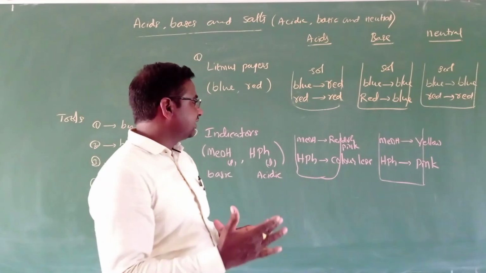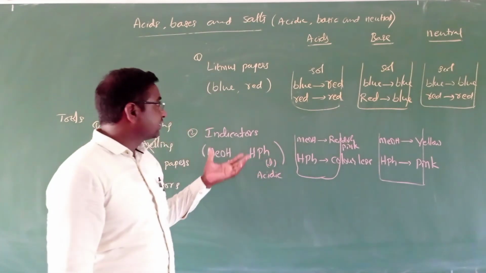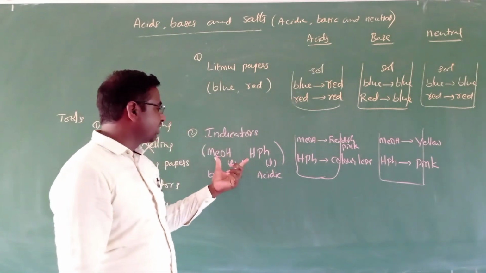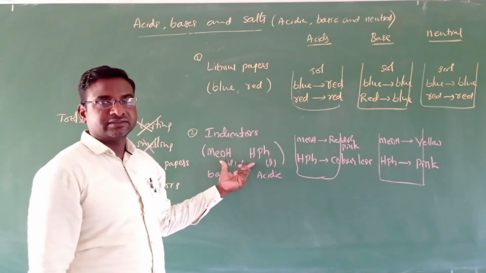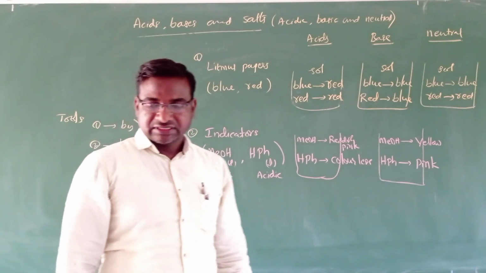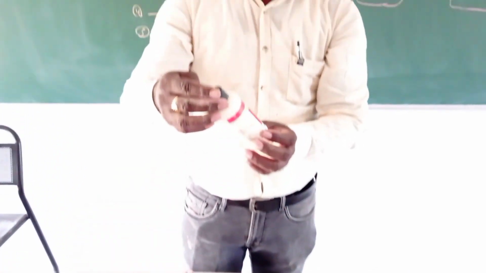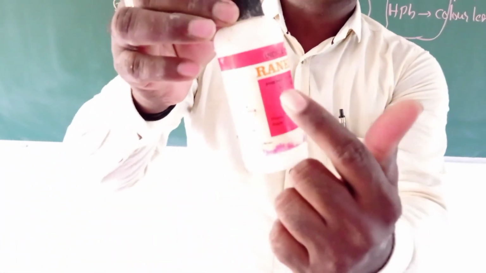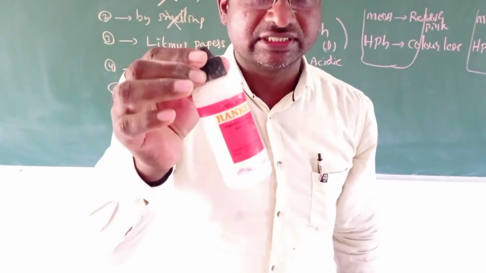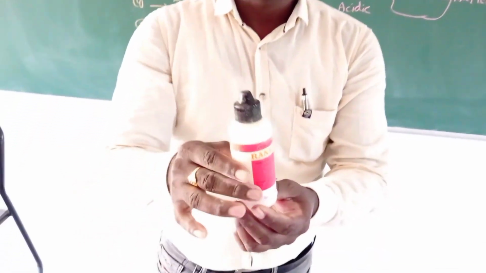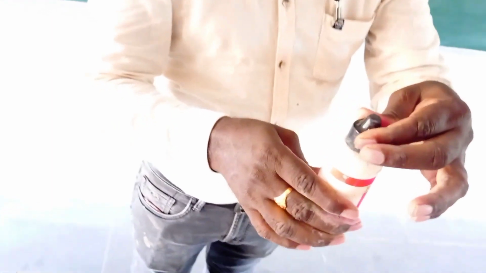Okay, now let us see how we can identify the acids and bases with the help of these indicators. Practically let us do. Now I have two indicators. This is the phenolphthalein indicator. This is actually a colorless solution.